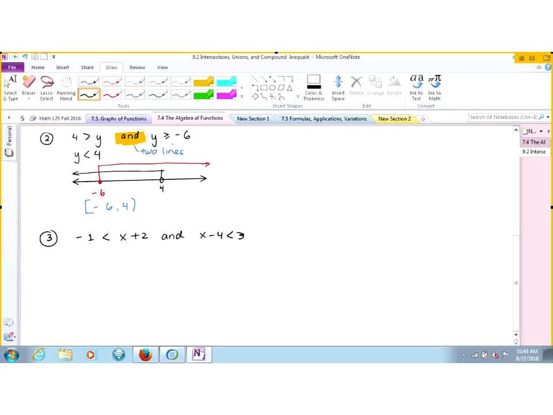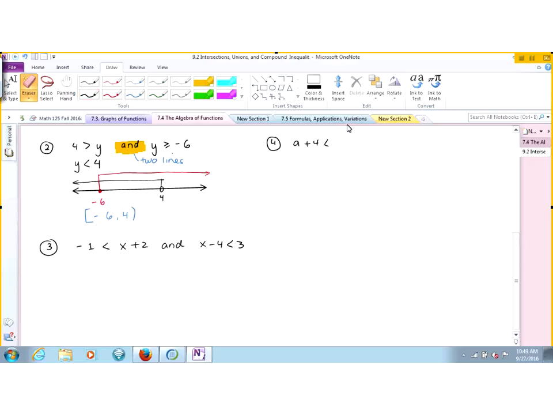And then number 4, a plus 4 is less than -1 and 3a minus 5 is less than 7. All right. So why don't we try these two?